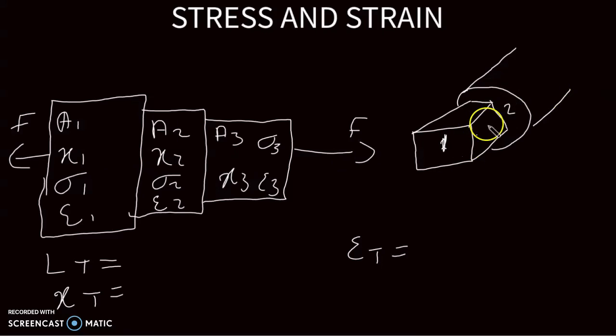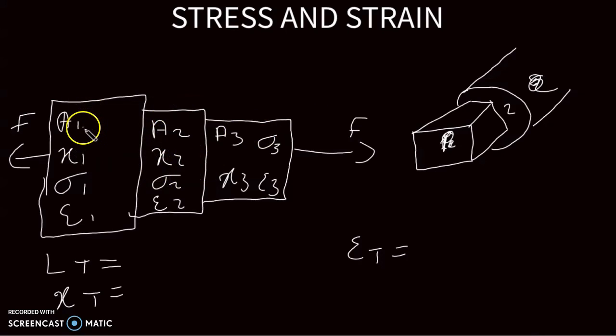So if you are given something like this, you have to treat them separately, because you can tell that the cross-sectional areas of this and this are not the same. So you can't treat them as one thing, although they are one thing. So what we are going to do is divide this beam into sections. In this case, it will be this one, section 1, and this one, section 2. So here we are having 3 sections. We are going to divide them into 3 sections as if you were dealing with this one.